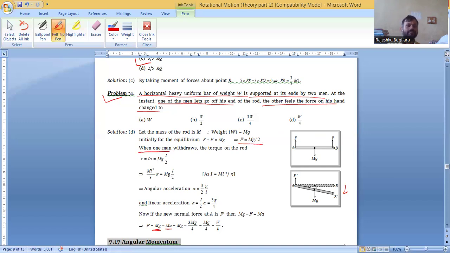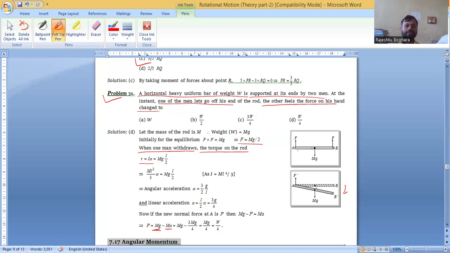When one man withdraws, the torque on the rod, the torque equal to I alpha. But here torque, downward direction में mg. This length is L by 2.